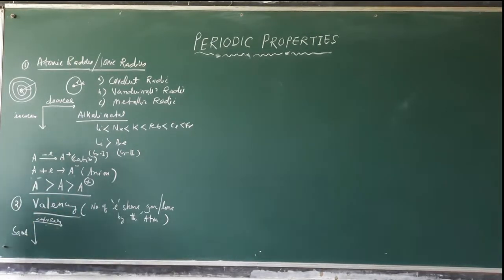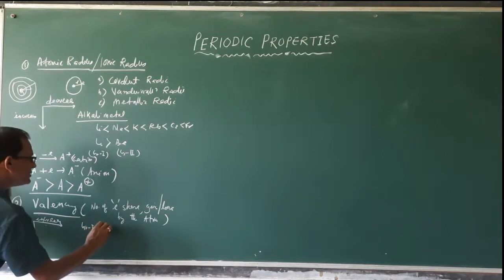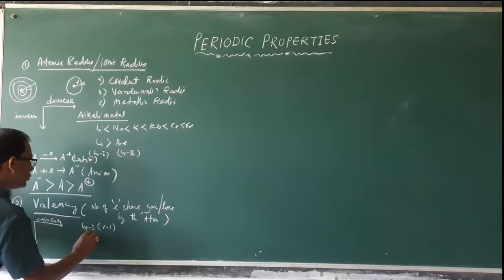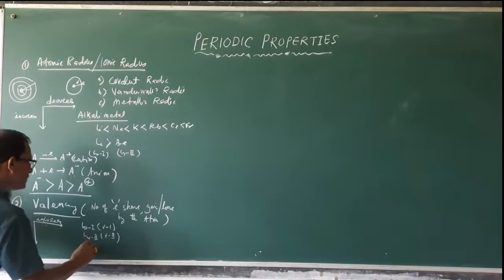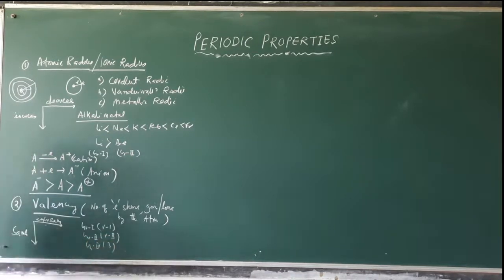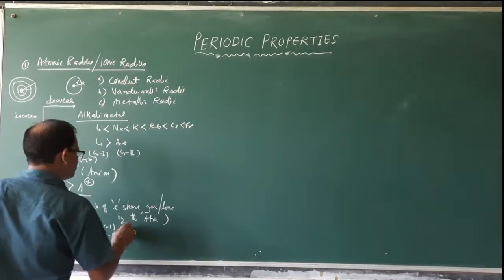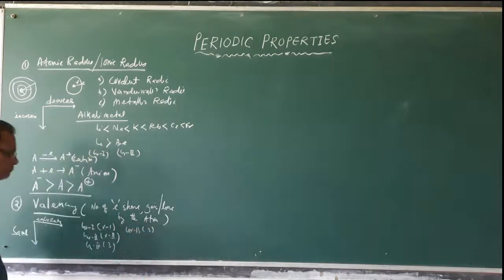So, suppose generally the group number is equal to its valency. Group 1 means valency 1, group 2 valency 2, group 3 normally valency 3. Okay, and group 13 normally valency 3.